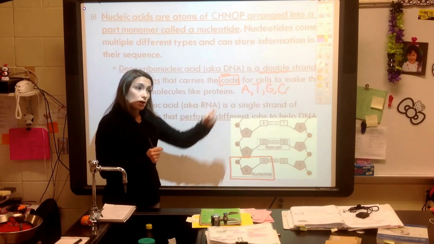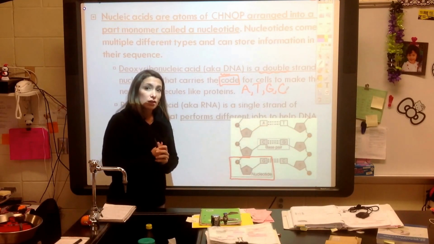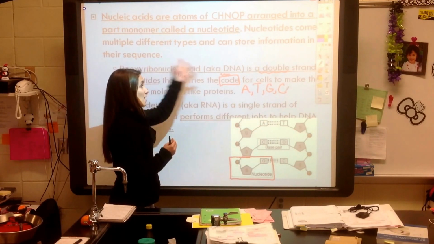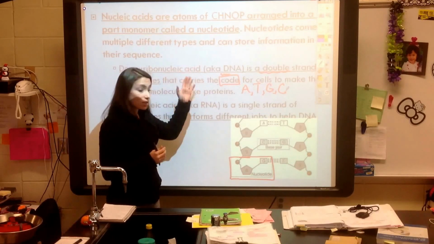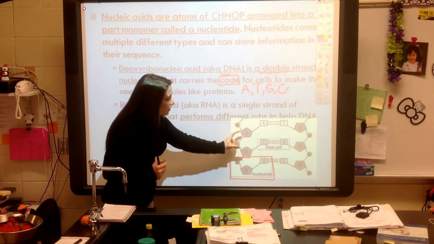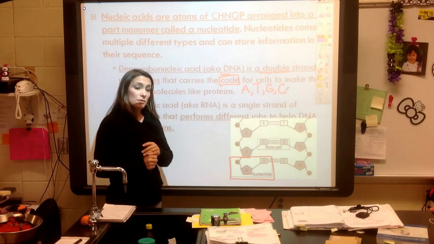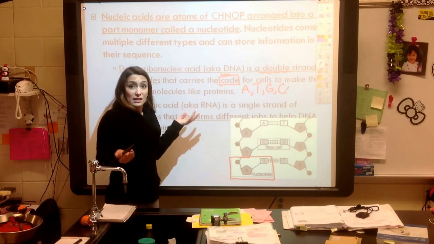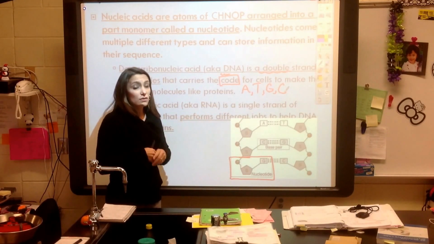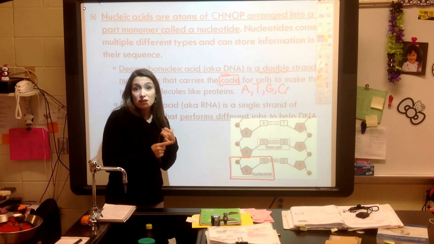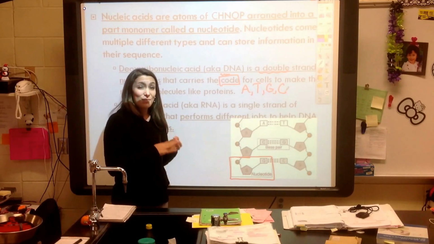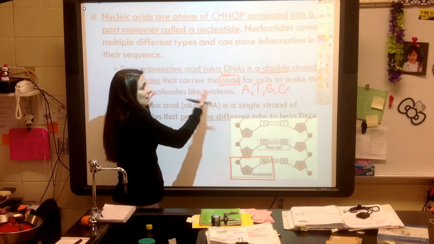That was the small part. We repeated it over and over again. Here we're seeing that these monomers, these small parts that I'm going to use over and over, actually come in 4 different versions. And that's how your DNA can be different from my DNA. And a frog has DNA, and a bacteria has DNA, and a mushroom, anything living has DNA.